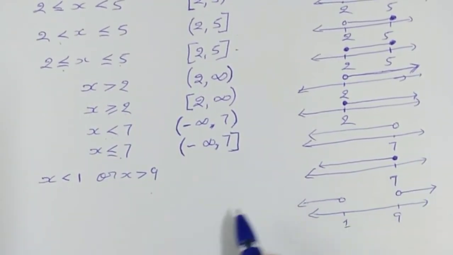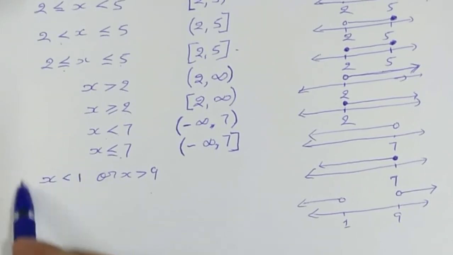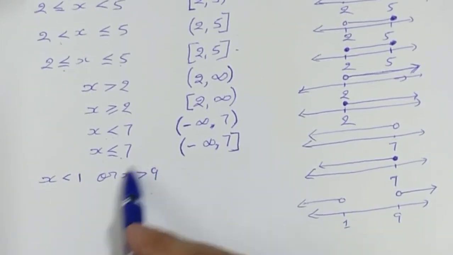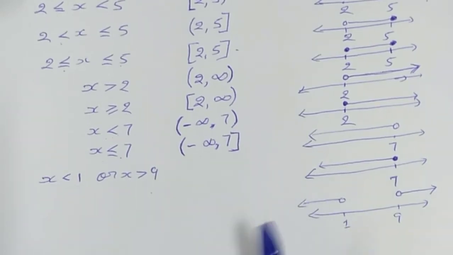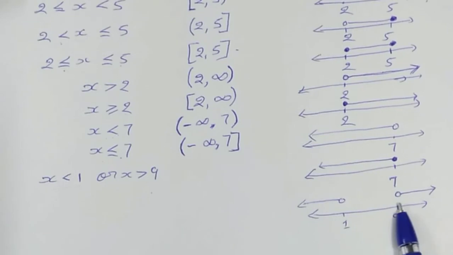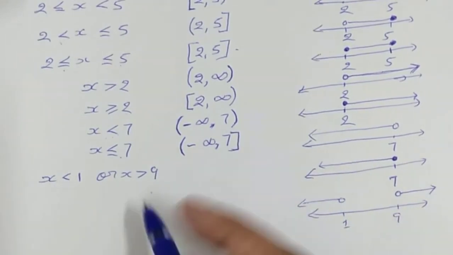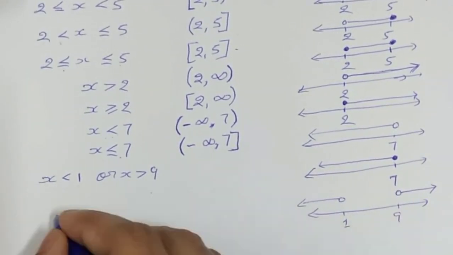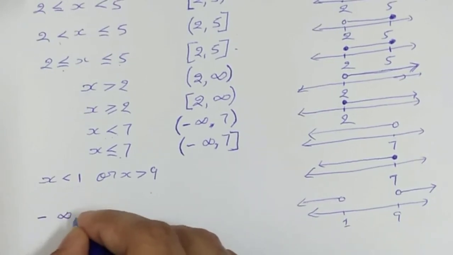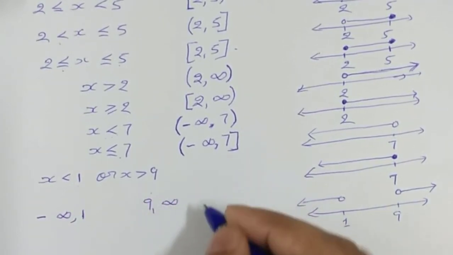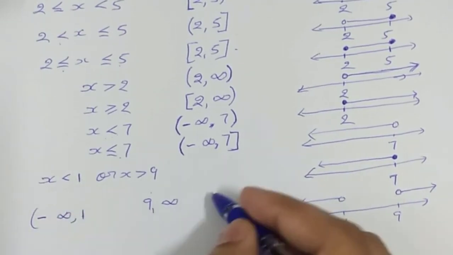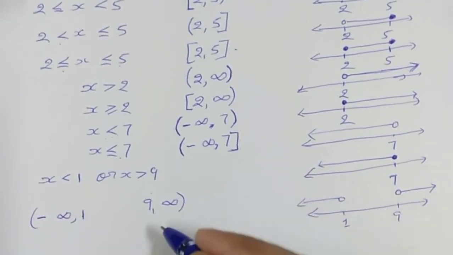As far as this is concerned, if you see, it involves two inequalities. How may we write this one? So first I'll write this. If you go from here, this is minus infinity to 1, then 9 to infinity. So minus infinity comma 1, and for this it is 9 to infinity. At infinity we always put a round bracket, parenthesis.